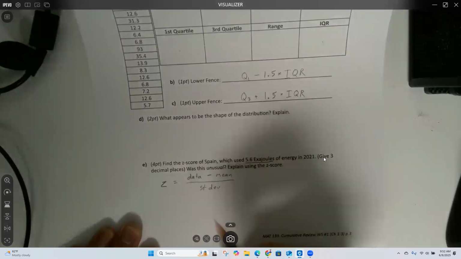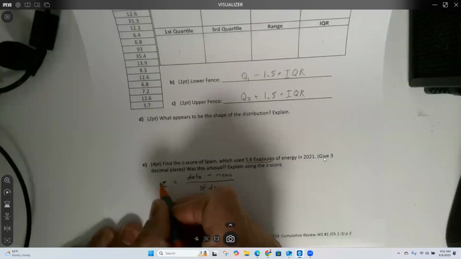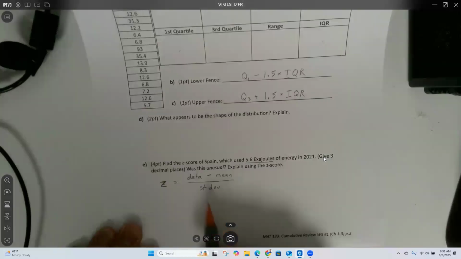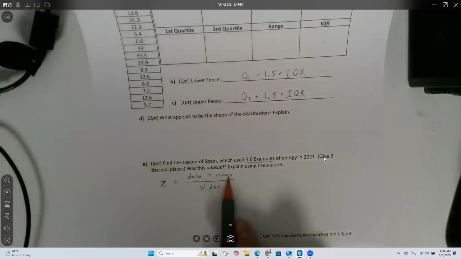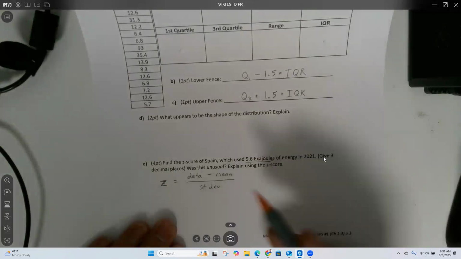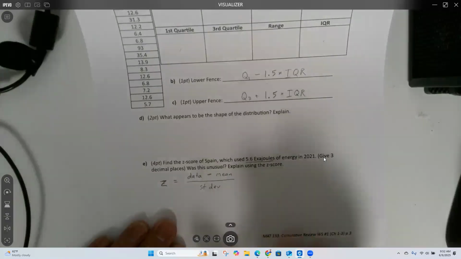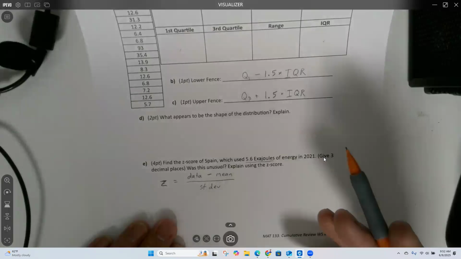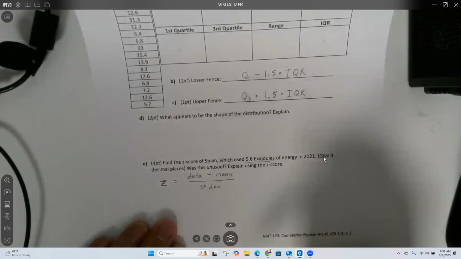Now, there's two ways you could do it. So mean, sometimes we talk about population mean, so we use mu. Sometimes we'll talk about sample, in which case we use X bar. Okay. It's the same thing. Whatever your mean is for your data set, you're not ever going to have the mean of a population and the mean of a sample. If you do, then there's no point in having the sample.